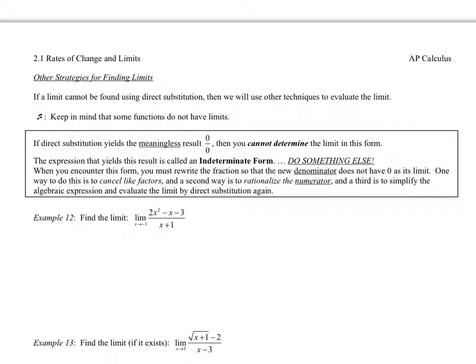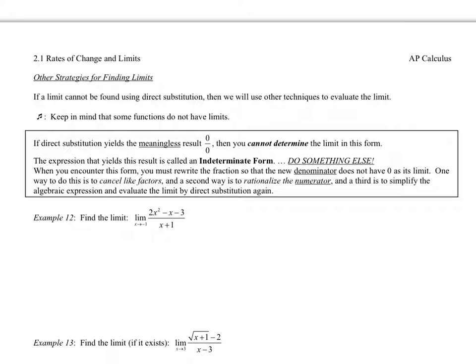Okay, so when you encounter this form, you must rewrite the fraction so that the new denominator does not have 0 as its limit. One way to do this is to cancel like factors. Another way is to rationalize the numerator. And the third is to simplify the algebraic expression and evaluate the limit by direct substitution again.